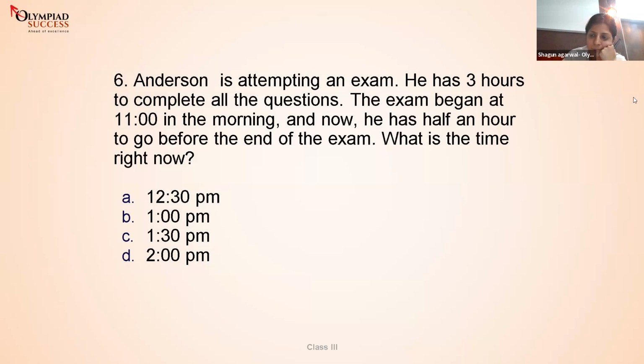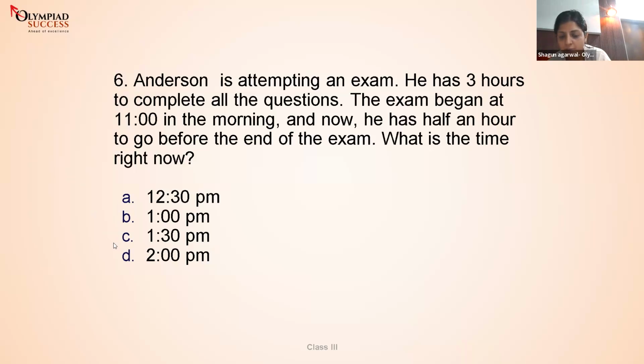Okay, Vivan. Yes, Vivan. What do you think is the time right now? I think, ma'am, I'm doing calculation. Arva, Antariksh, all your answers are correct. Shlok, absolutely right. All of you. Yes, Vivan, tell me. Ma'am, the answer is C, 1:30 p.m.